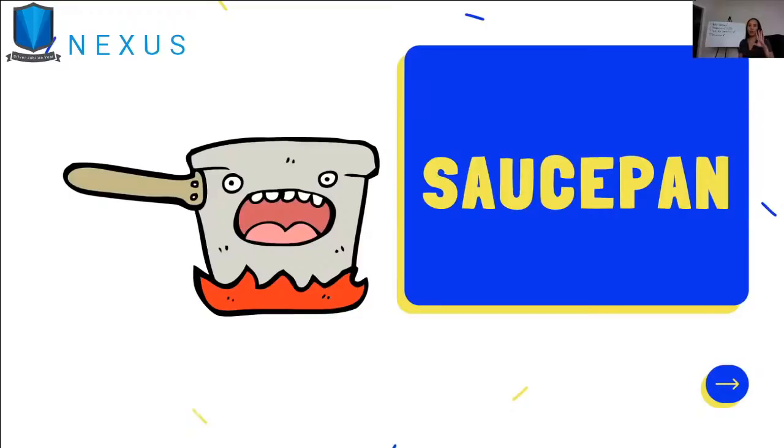So I would think what I can use this utensil for, so what I can cook with a saucepan, and that maybe would help me remember. So I suggest that maybe you do it like that. Okay, if that works. If not, try to find a way around it.